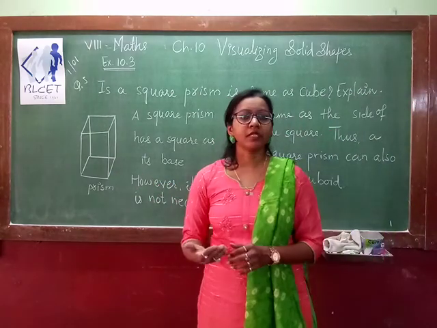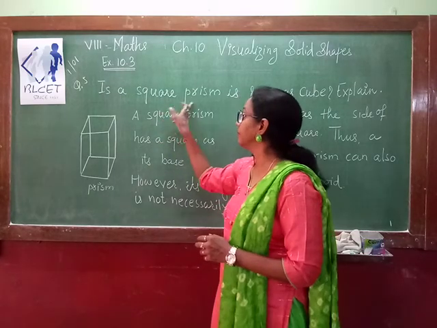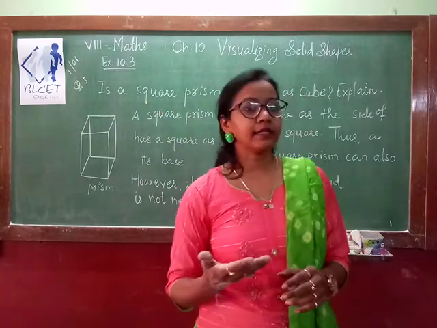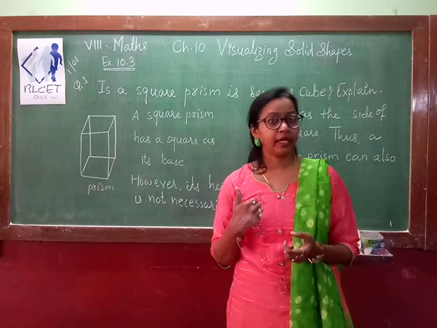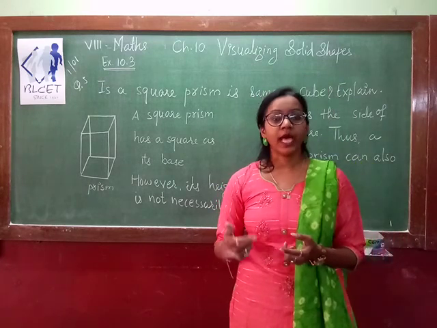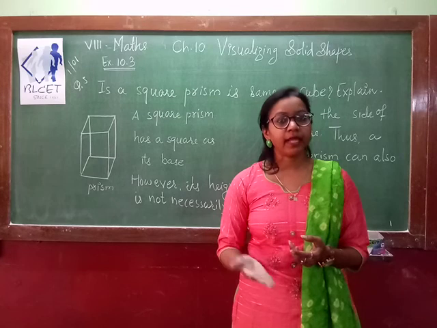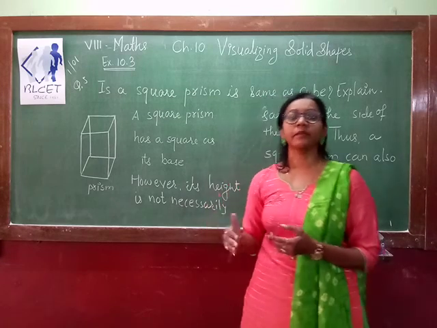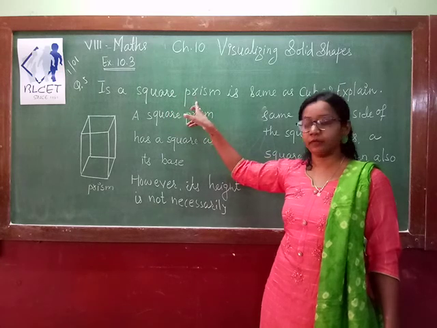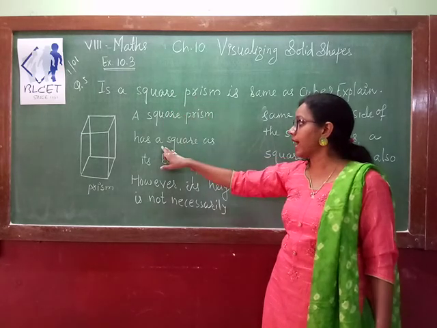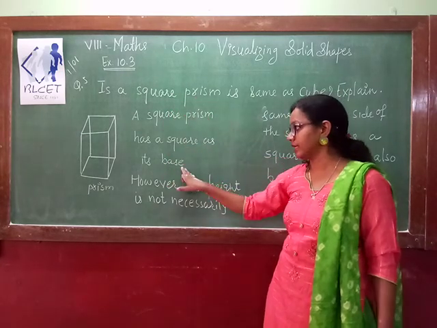What does a square prism mean? Its base is in the shape of a square, not all the surfaces. That's why it is known as a square prism. So a square prism has a square as its base.